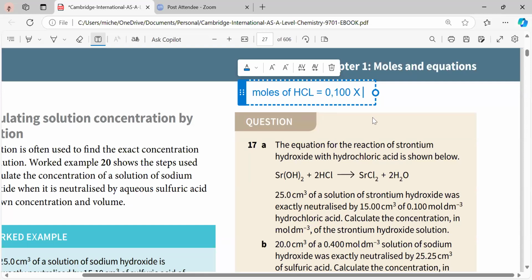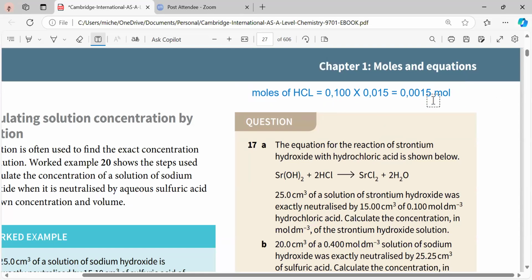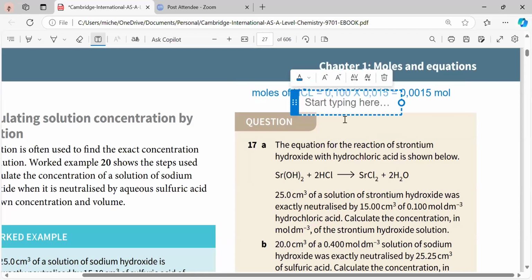So 15 divided by 1,000 is 0.015. Now we multiply these two numbers, and we get 0.0015 mole. This is the moles of hydrochloric acid.